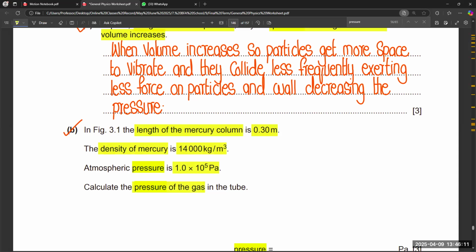So calculate the pressure of the gas in the tube. So the length or height of the column is given. Density is also given. This is atmospheric pressure. Calculate the pressure of the gas in the tube.